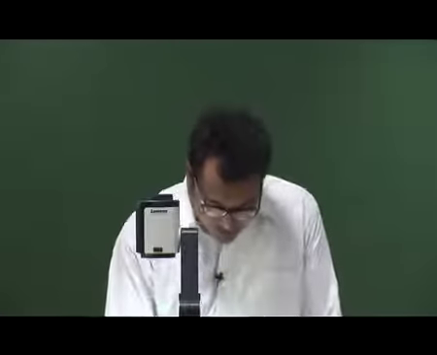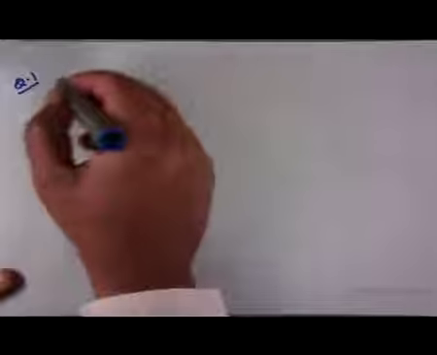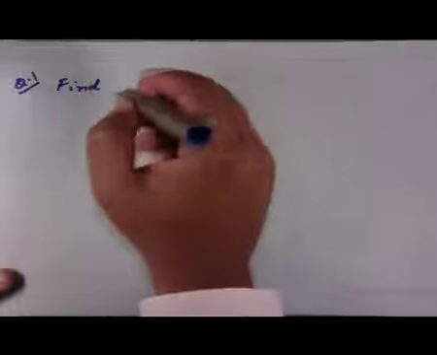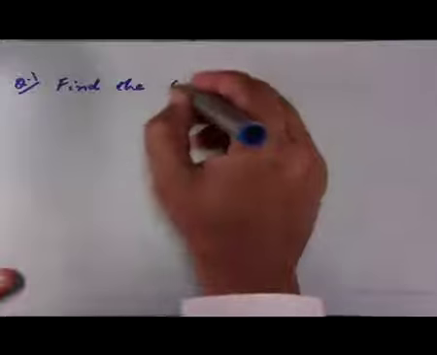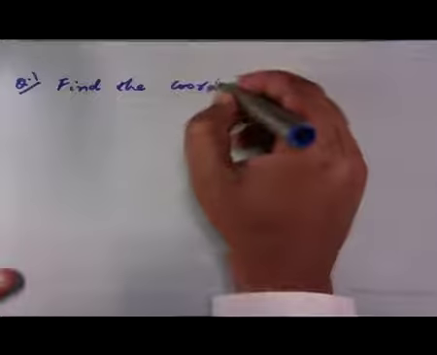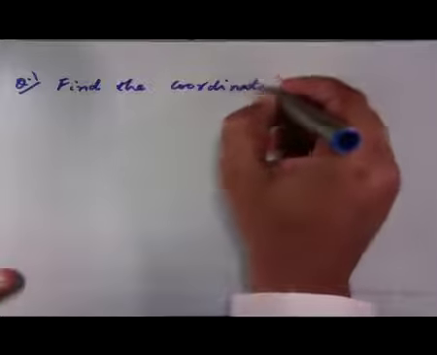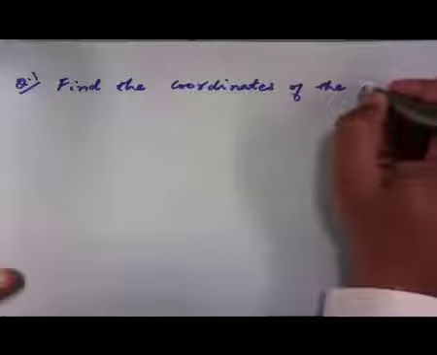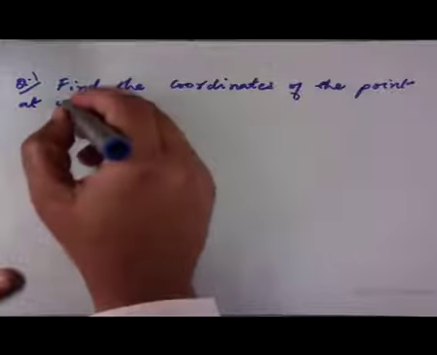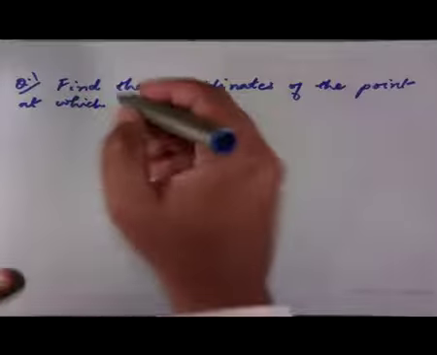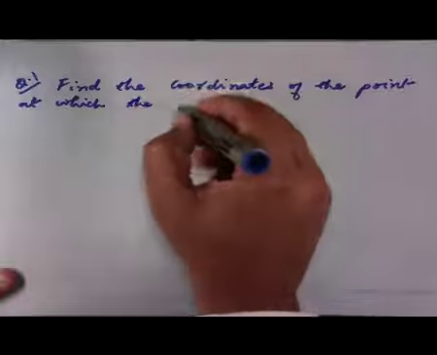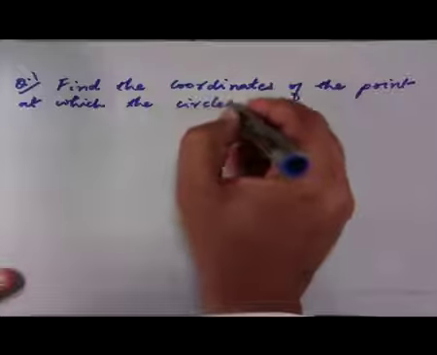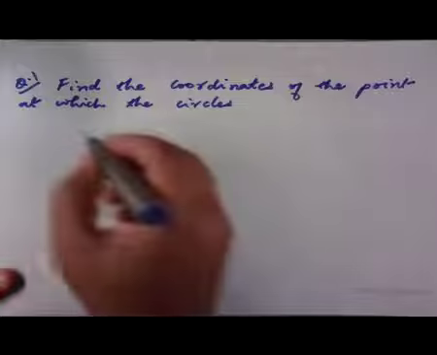Let us see this question first, where it is asked to find the coordinates of the point at which the circles, so we are given two circles, touch.